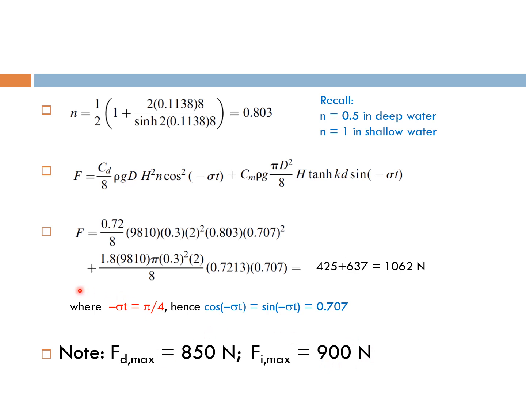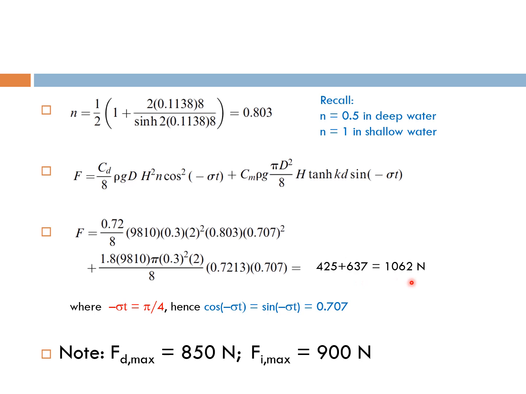But we do show that at somewhere here, when the phase term is equal to pi over 4, the total force is larger than the drag, as well as larger than the inertia.